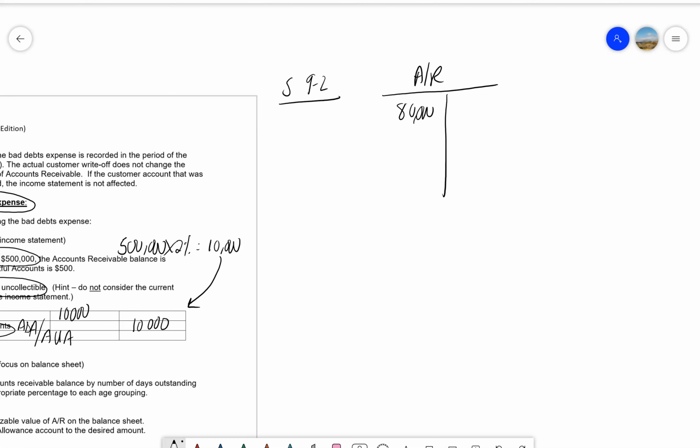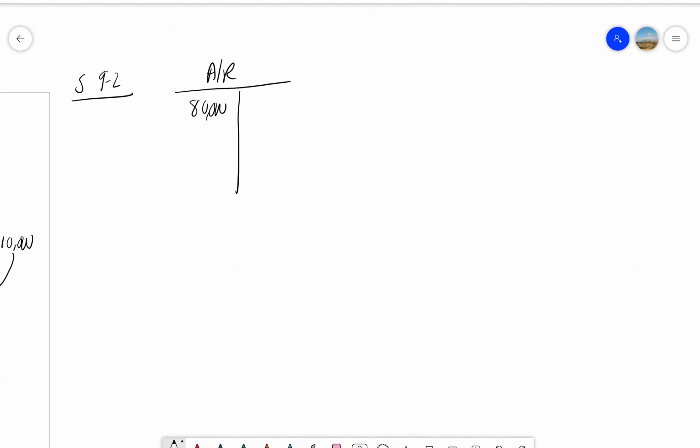And now at the end of the year, we have to do our adjusting journal entry. So at December 31st, we have to figure out what our adjusting journal entries will be. And using the percentage of sales method, all we're going to do is take their total credit sales of 700,000, multiply that by the percentage they're giving us, which is 1%.